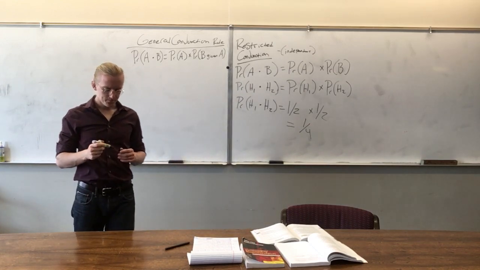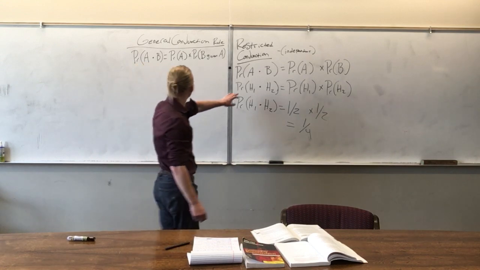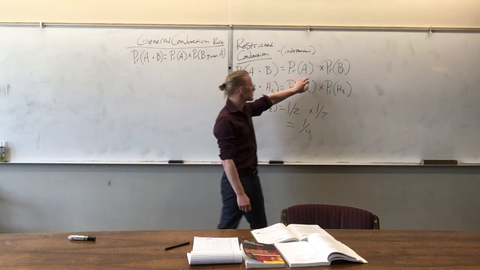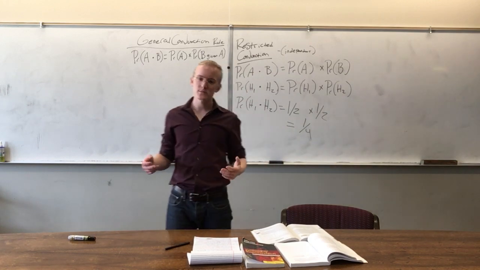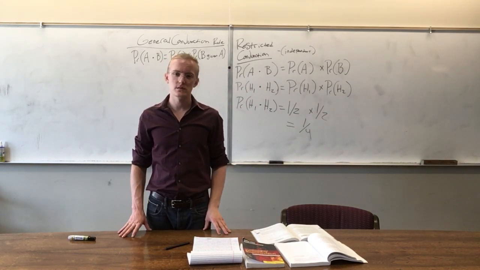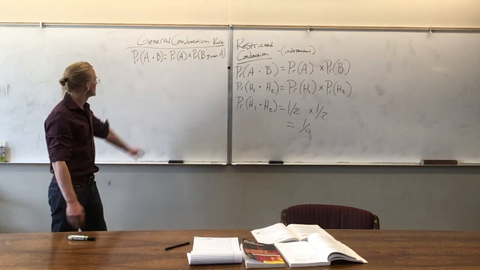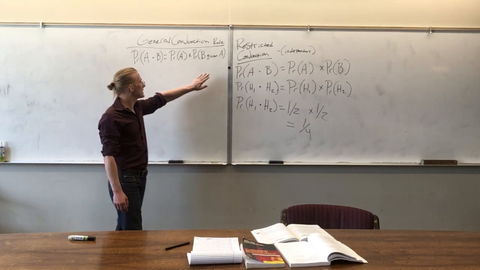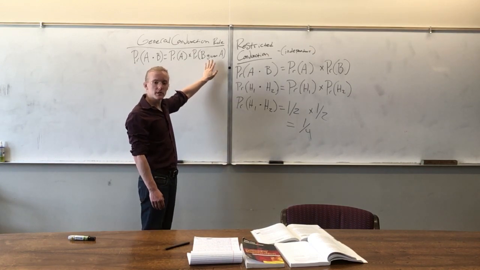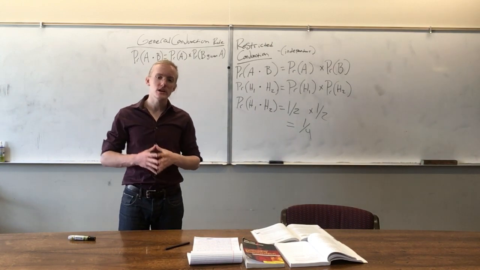Okay, so you'll notice that it's very similar, but a little bit different. So the probability of A and B here is just the probability of A times the probability of B. But as we noted with drawing 2 jacks from a deck of cards, our first scenario is drawing a jack, but in our second scenario the probabilities change because the deck changes, the game changes, and we need an equation to account for that.